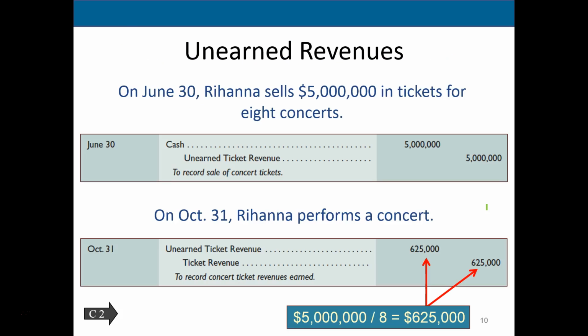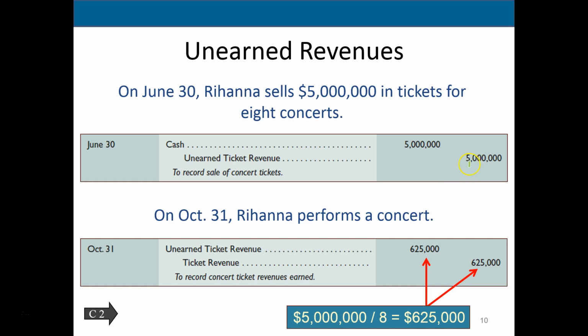Then we have unearned revenue, which is one of the more complicated ones. For most people, it's not something that happens in every company. Certain companies will have unearned revenue, such as one that sells $5 million in tickets for 8 concerts. So if we sold the tickets, we sold them before we did the concert. Therefore, we're going to debit cash because we already got the money. Cash is a debit balance, so we're going to make it go up by doing the same thing, which is another debit.